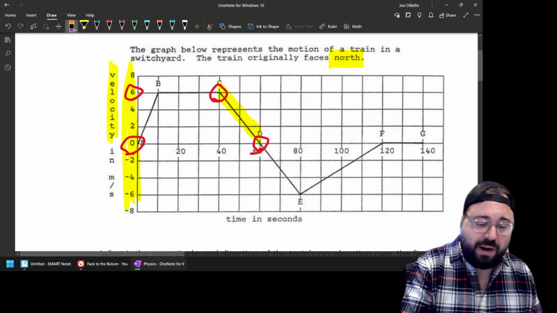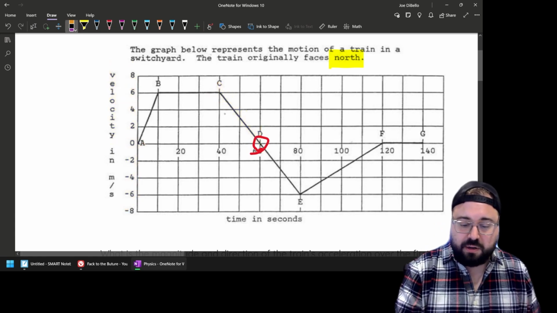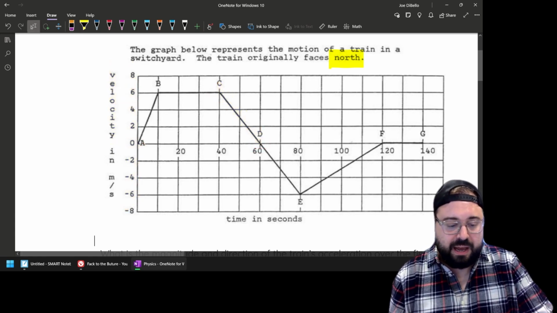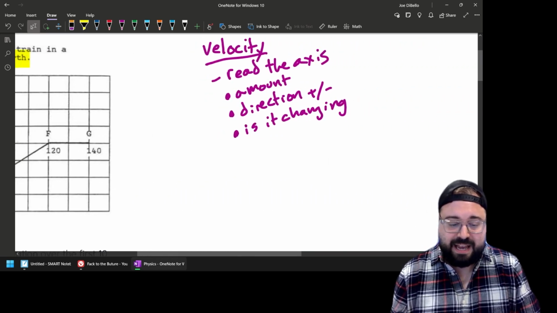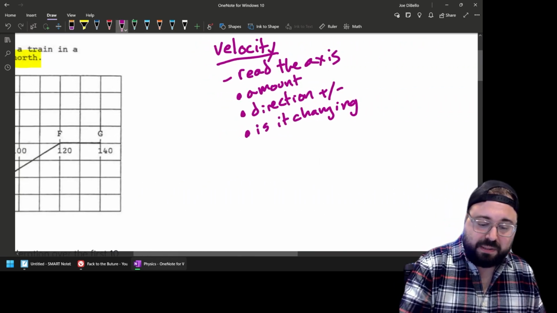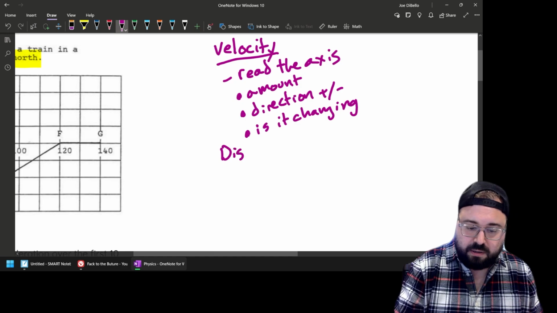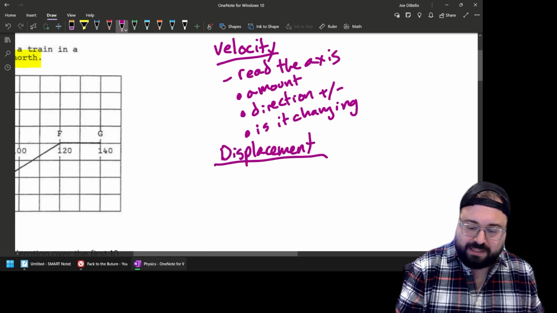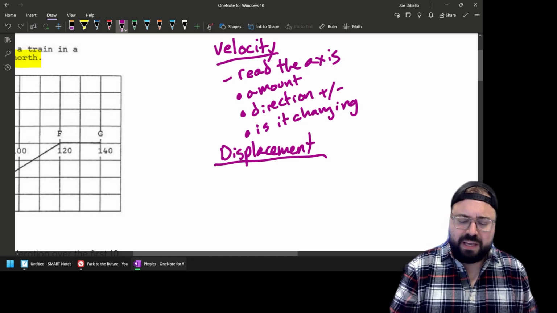Now, what if we're asked some other questions here? Like, let's say, hey, what's the displacement? So, what if we're asked about the displacement of an object? Well, we kind of learned that.